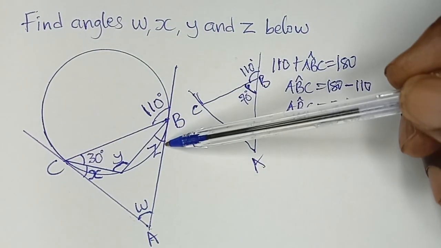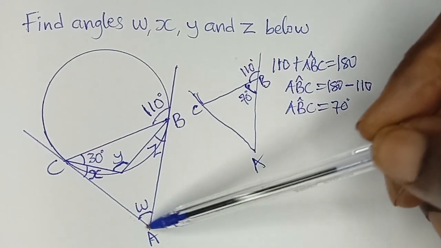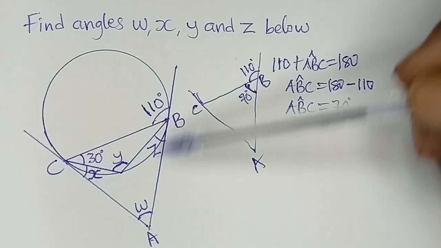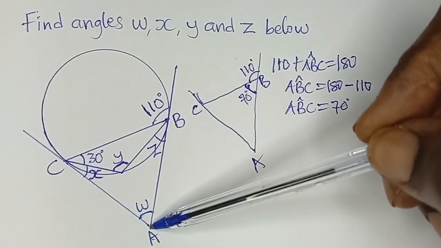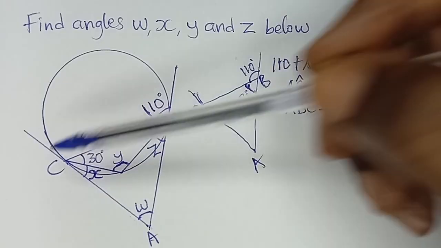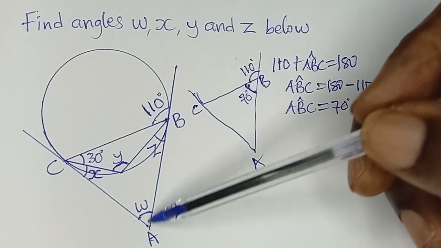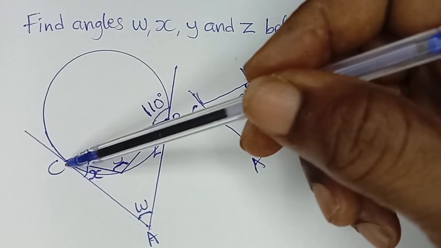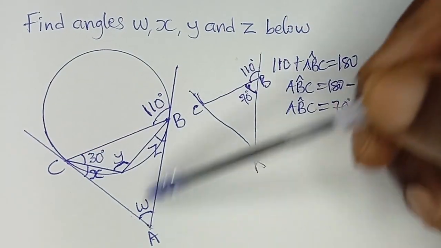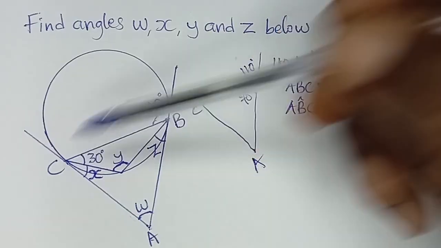Because two tangents coming from the same external point are equal. So that means this line AB is equal to the line AC. So don't forget that theorem that says that two tangents coming from an external point to a circle are equal. So that means these two lines are definitely equal.